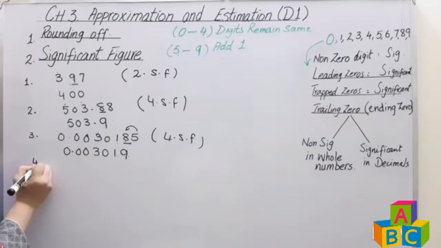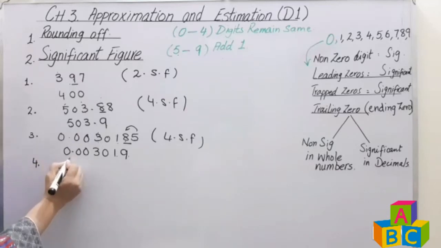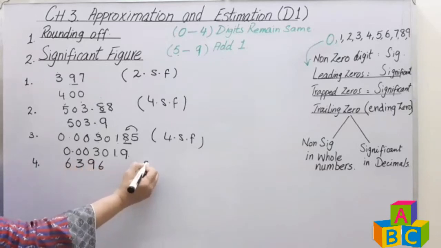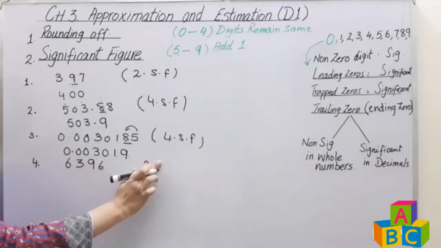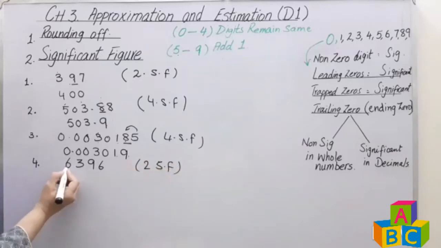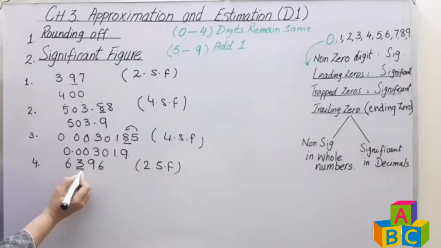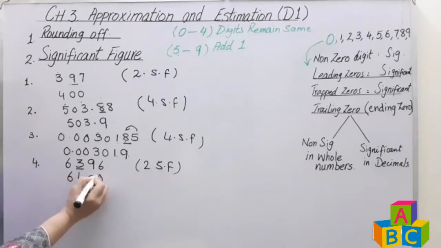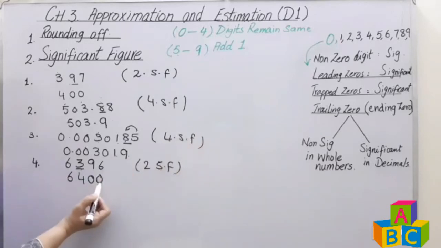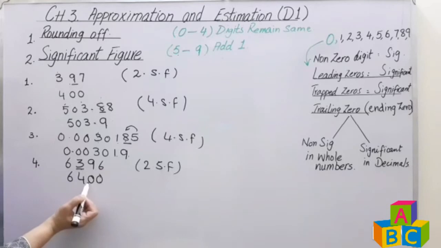And number 4 is 6396 to 2SF. Our target digit is this, so this will be 6, 4 and the others are zeros. We write these zeros here because they are ending zeros. Ending zeros are called trailing zeros.